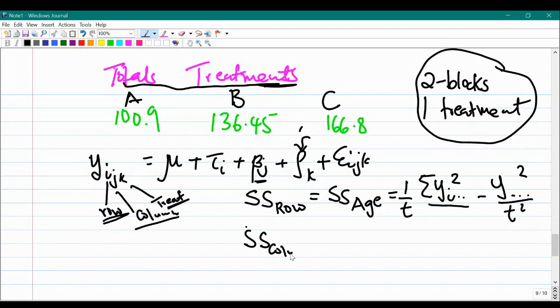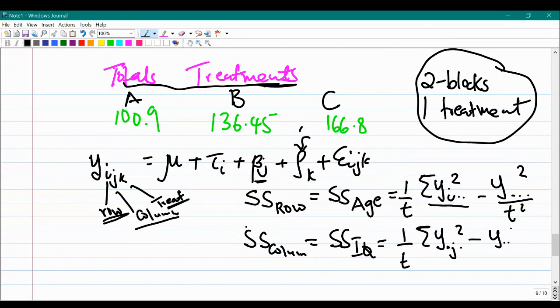SS column, SSIQ, is also given by 1 over T summation of y dot j dot squared minus y dot squared over T squared.